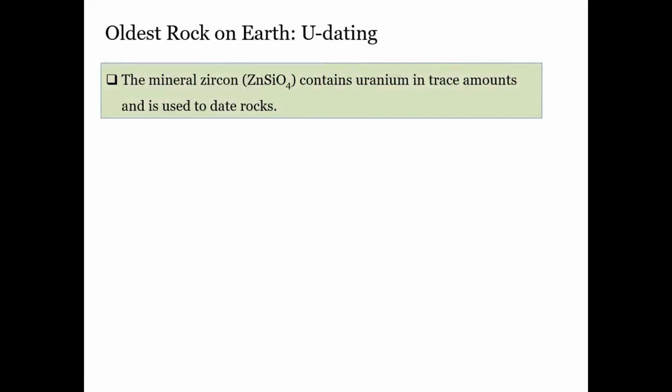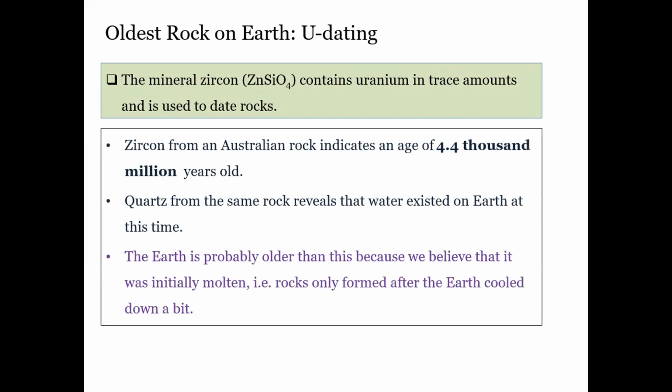The oldest rock on Earth is the mineral zircon. It contains uranium traces. Zircon from an Australian rock indicates an age of 4.4 thousand million years for that rock, which is 4.4 billion.